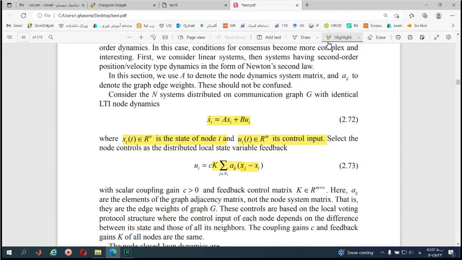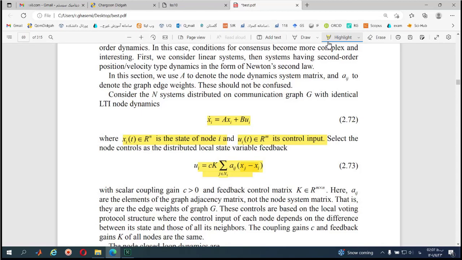And the sigma means only the neighbors of an agent can affect the input of the system.